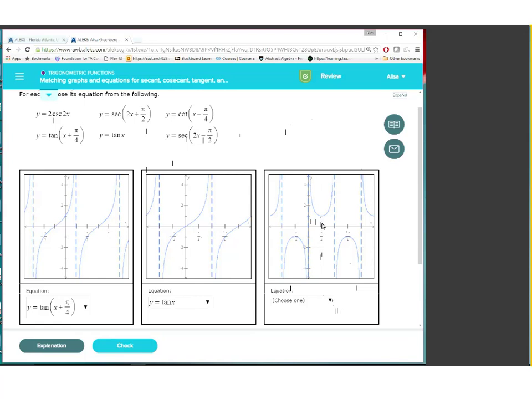Now we have to decide if it's shifted to the left or shifted to the right. Yeah, see, that's where it gets tricky. So what would the secant graph normally be when it's 0? Is what a 2 or a 3? Do you see the scaling next to the graph?